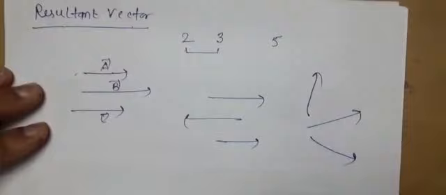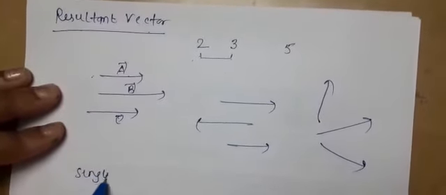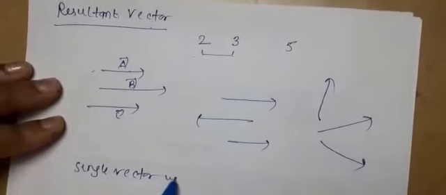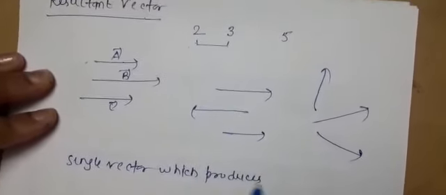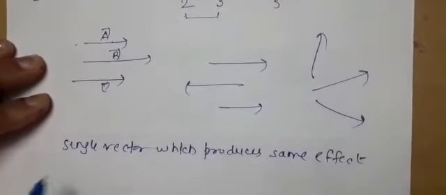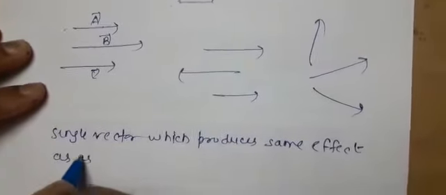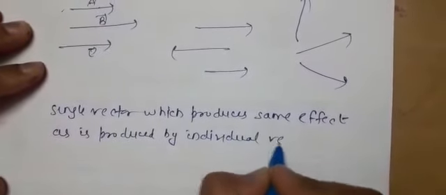So a resultant vector is that single vector which produces the same effect as is produced by the individual vectors together.